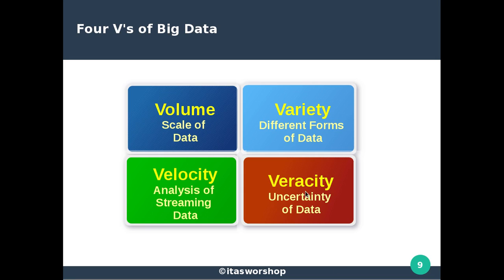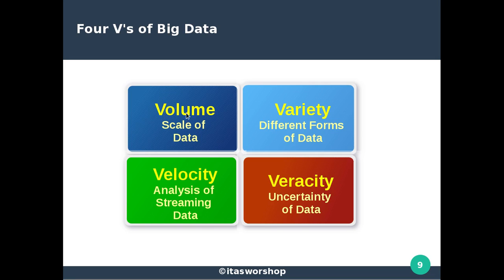And veracity stands for uncertainty of data. It's not necessary that all data is useful or that there is no fake data. Obviously you can consider that 27 to 30% of the data which is getting generated contains some fake data also. That may affect the results in our insights, so we have to be careful about it. And there are some technologies by which we can put it aside.